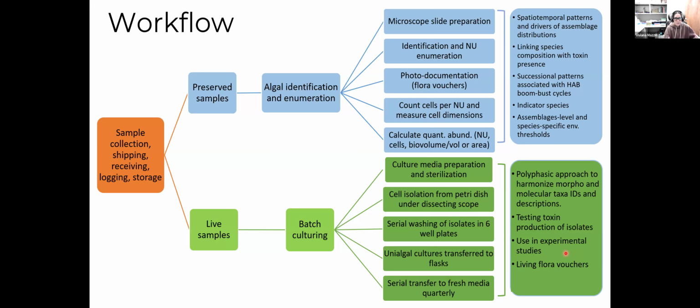So the culturing helps us with that because we're able to get these unialgal cultures sequenced and then have the pretty flora vouchers and morphological descriptions that can be published together with the molecular data.